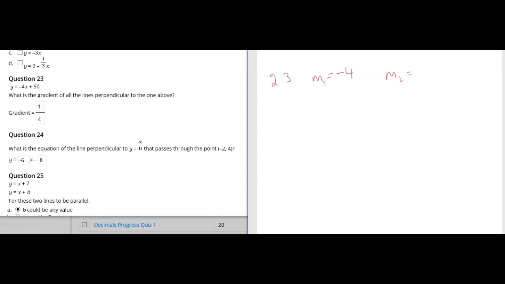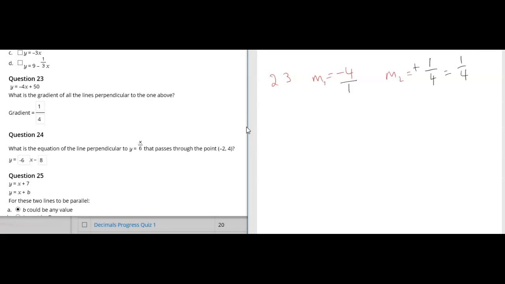That means the gradient of your second line, we're going to take the reciprocal. So if you can just imagine that -4 is written as -4 over 1, the reciprocal just means we flip that and we change the sign. So this one is negative, so that means this is going to be positive, and we don't usually write plus 1/4, we just leave it as 1/4. So your answer is 1/4.